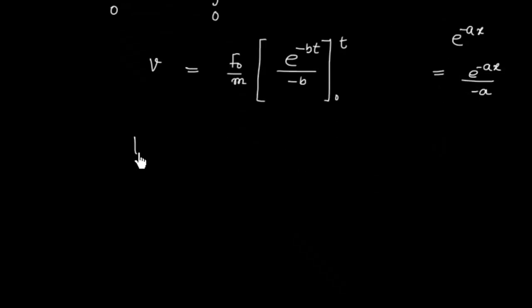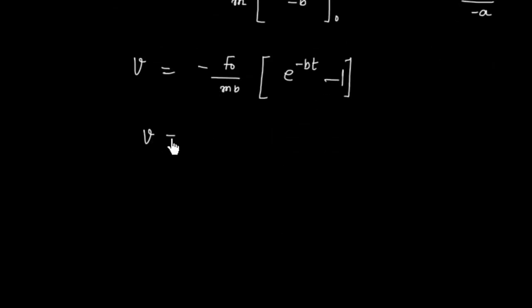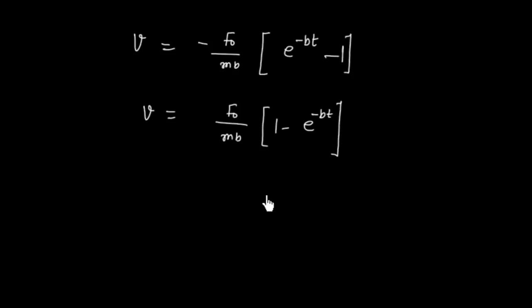So if I do this integration, v is equal to, let us take the minus sign outside, F naught by m into b. When I put t, this will be e to the power minus bt, and when I put 0, this is simply 1, so this is 1 minus 1. So v is equal to F naught by mb into 1 minus e to the power minus bt. So this will be the velocity as a function of time.